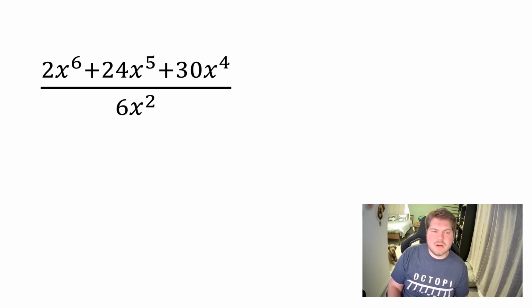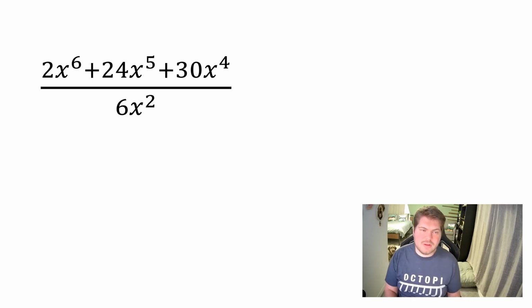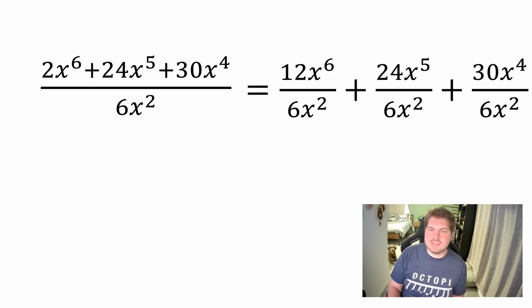All right, so here we have 2x to the 6th plus 24x to the 5th plus 30x to the 4th, all divided by 6x squared. Now remember, that's all divided, so really each piece is being divided. Now, all we have to consider is we can look at each piece individually.